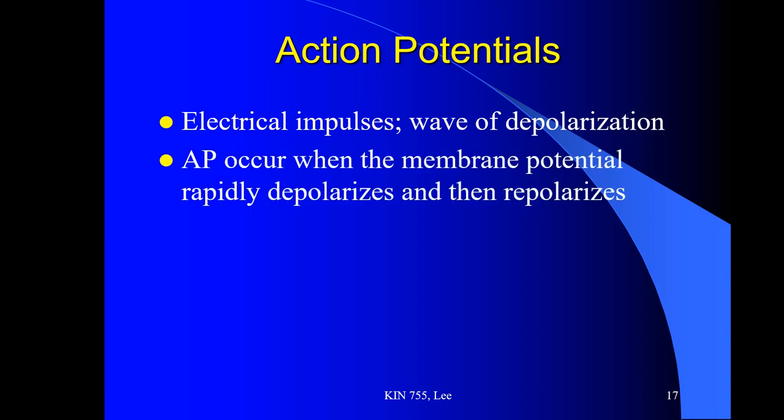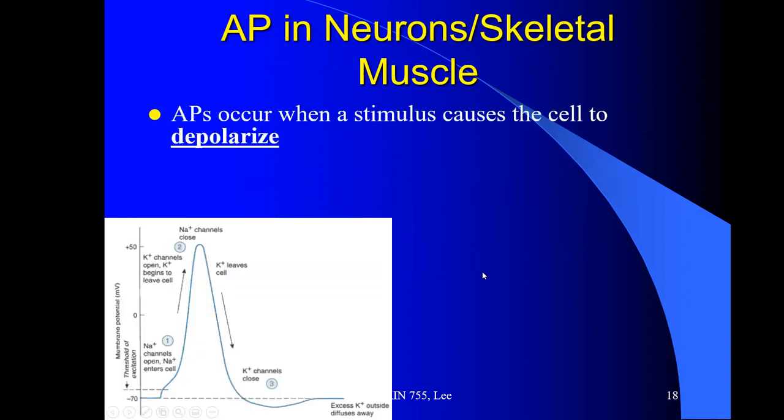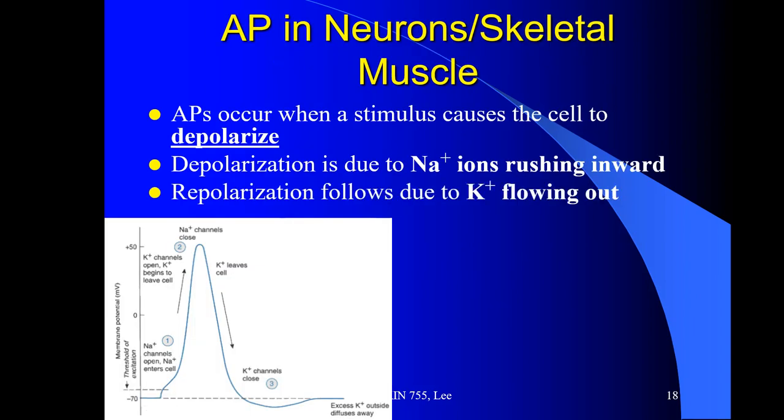So action potentials occur when the membrane potential rapidly depolarizes and then repolarizes. And just as a reference, remember what happened in neurons and skeletal muscle cells, and this is where this picture comes in. This is the action potential graphed out in a neuron, the classic picture that you've seen in undergraduate courses back when you took bio or anatomy or physiology.